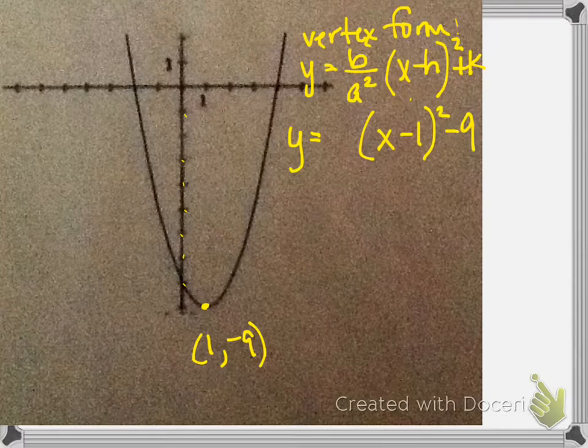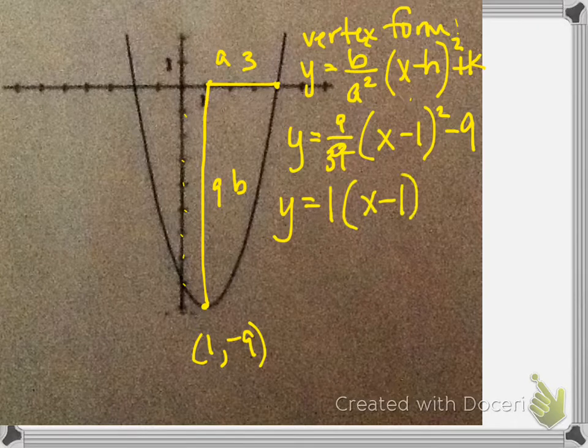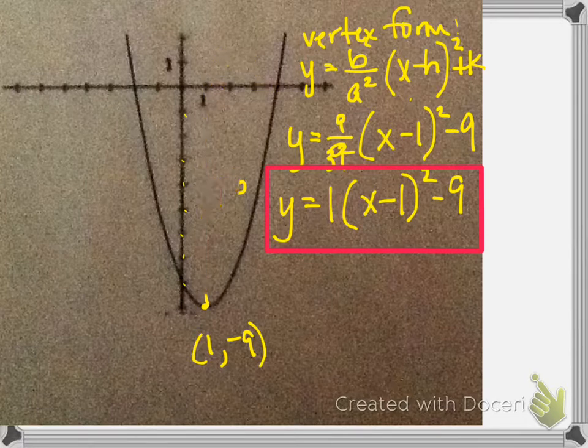For b, I have to go up and over to another point on my graph, so I guess I'm going to climb up to here. So up 9 over 3. Here's A, here's B. So I have 9 over 3 squared. 3 squared is 9, so it's 9 over 9, and again, I just get a 1. So x minus 1 squared minus 9. Here is vertex form.